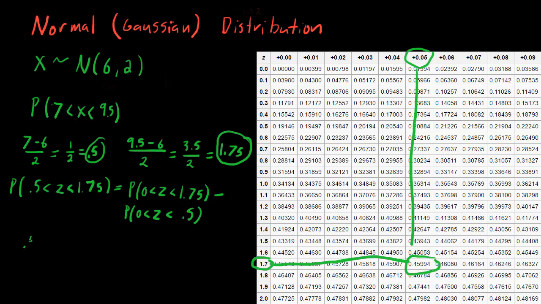So we have 0.45994. And then we subtract off our z of 0.5. So we have right here, which is equal to 0.19146. So if we just subtract these two numbers, we'll get the probability that our x value is between 7 and 9.5, given that x is distributed normally with a mean of 6 and a standard deviation of 2.